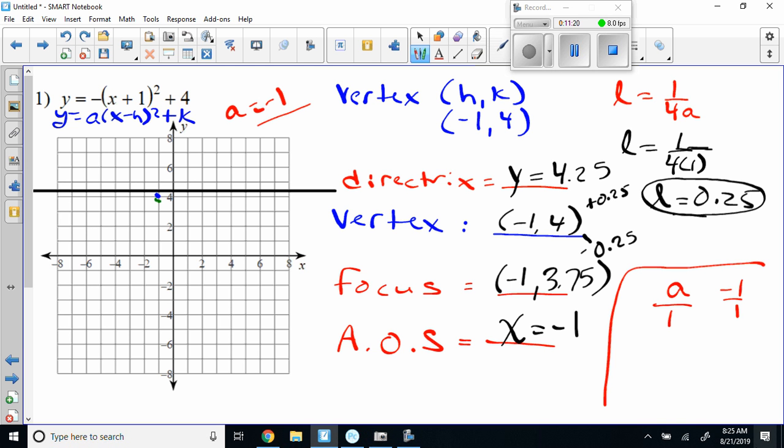So I need to go down 1 over 1, which puts me right here, and then down 1 over 1 puts me right there. So now I have how many points on that parabola? Well, for the parabola, 3. Because I have the vertex and a point on each side of that vertex, one away from it. And then I also had the focus, but the focus is not on the parabola.